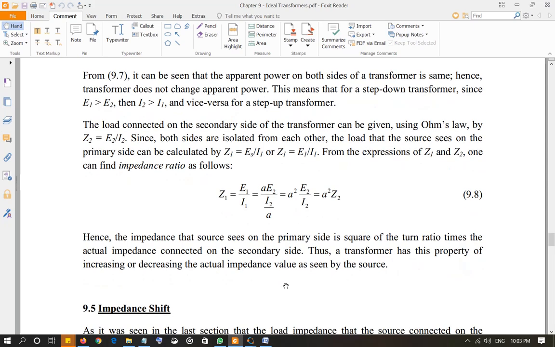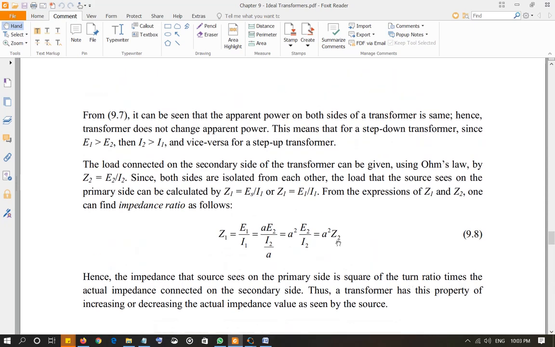In the next topic, impedance shift, we're going to see how to make use of this property. Z1 is equal to A squared times Z2, that is, the primary load is equal to A squared times the load connected on the secondary. We'll see how to use this property to shift the actual values of the load, resistances and inductors from the secondary side to the primary side, and from the primary side to the secondary side.